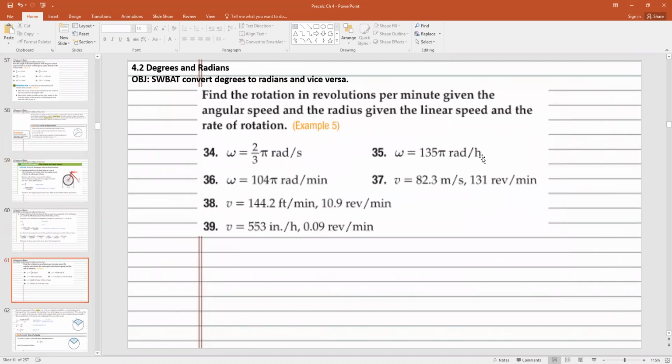And yeah, here are some questions. Find the rotation in revolutions per minute given the angular speed, and the radius given the linear speed and the rate of rotation.